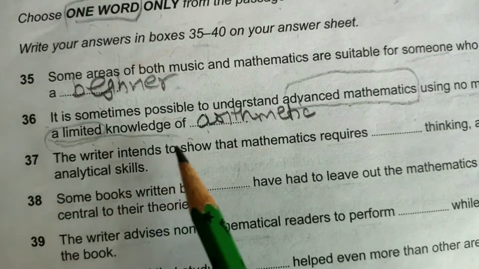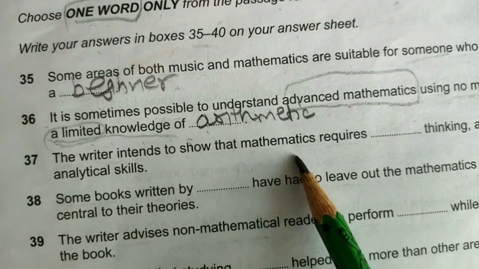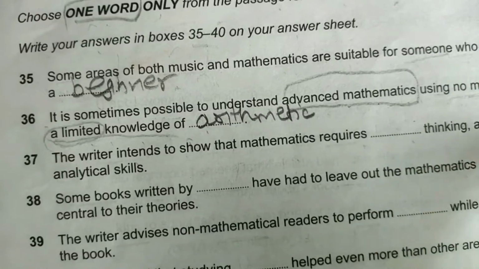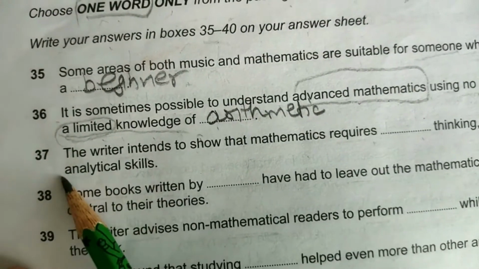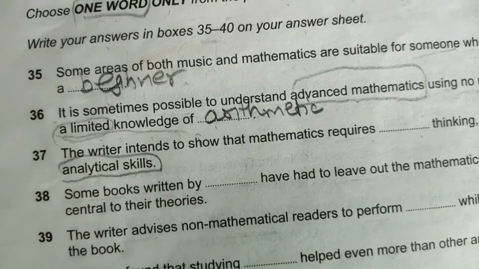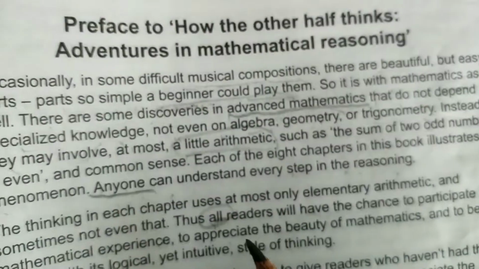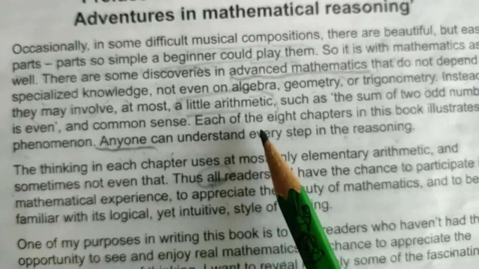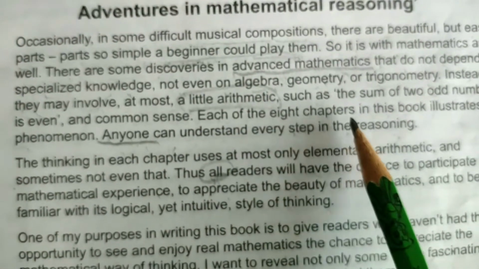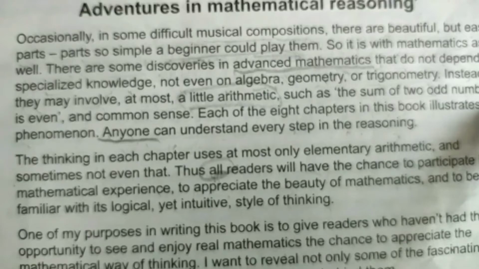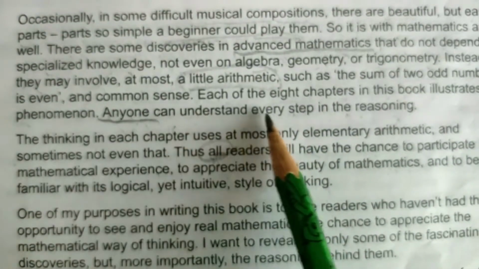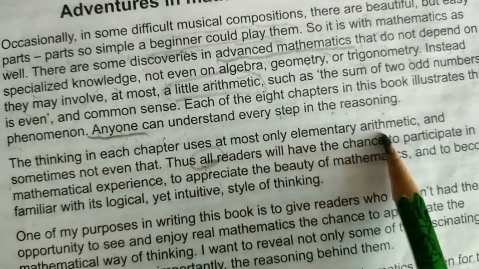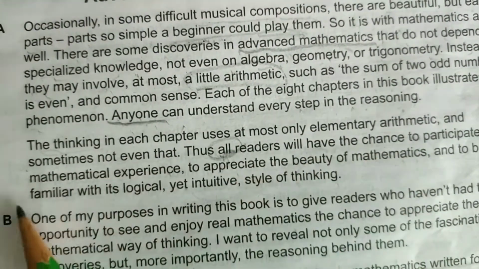The writer intends to show that mathematics requires dash thinking as well as analytical skill. Yes, we have come across this word, analytical thinking, analytical skills. Each of the chapters in this book illustrates this phenomenon. We look for the analytical skill word.